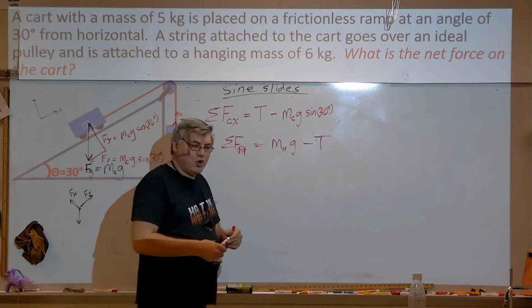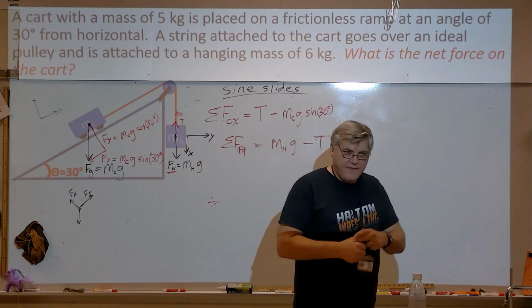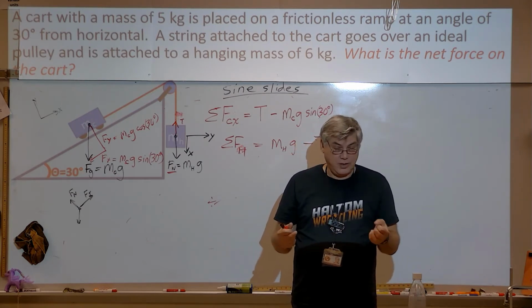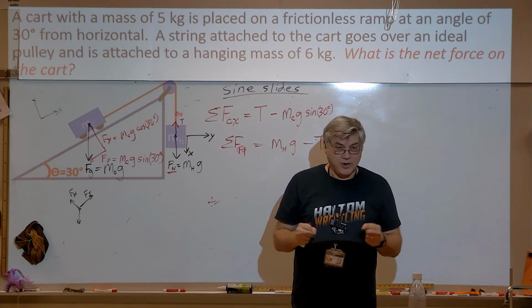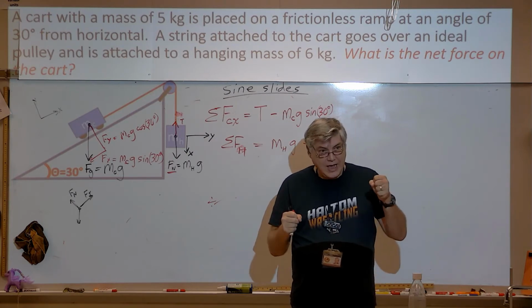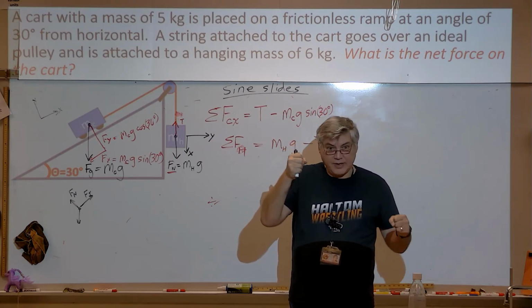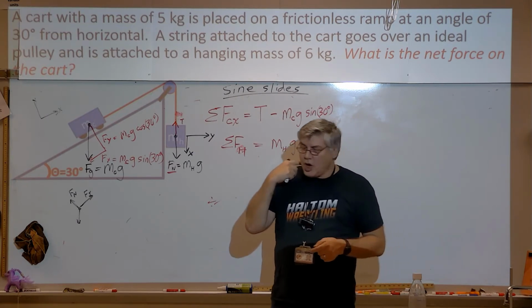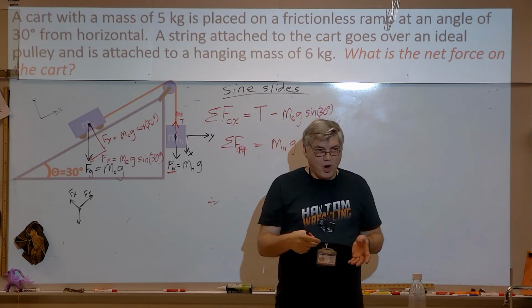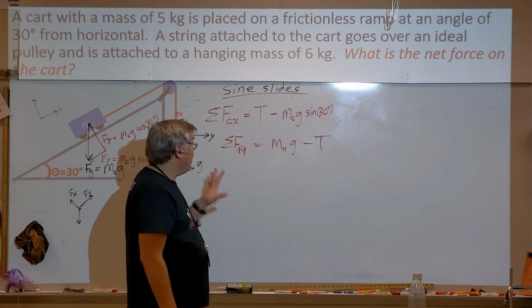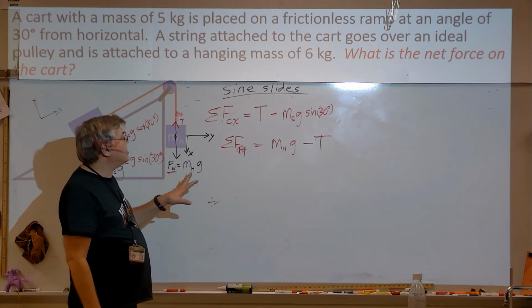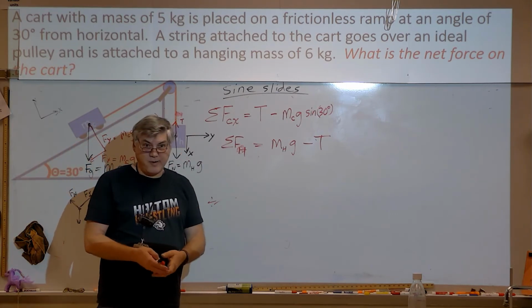Now, would you agree that if I treat this as a whole system, because the two things are tied to each other? If I lift one, the other goes down, and if I lift this one, it goes down, right? They're attached to each other. So my net force on this system is going to be equal to the sum of the forces on the two parts of it, right?